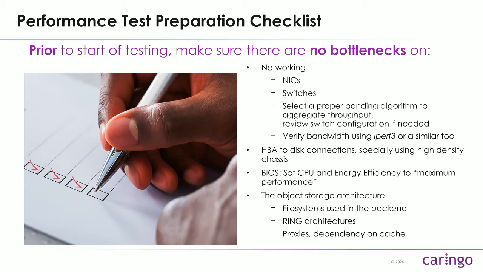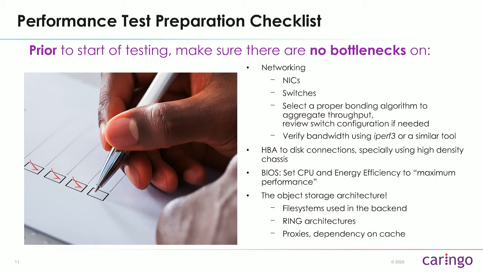There are a number of algorithms that Swarm supports. So make sure that your networking infrastructure is able to handle these bonding algorithms, especially when it comes to LACP, for instance. LACP requires a specific switch configuration. If you don't configure LACP on the switches, Swarm will not work with your connections there, right?